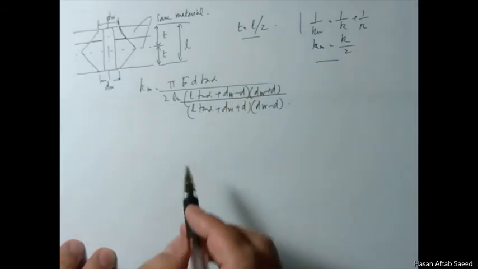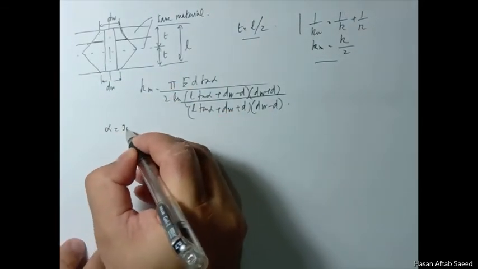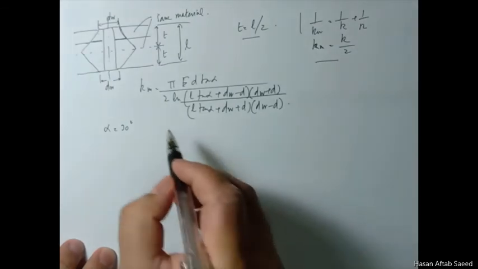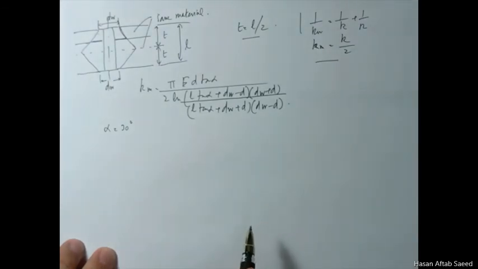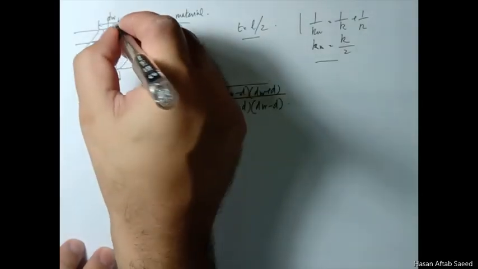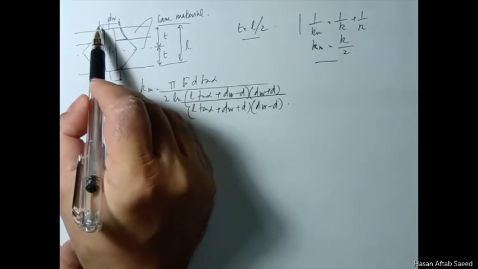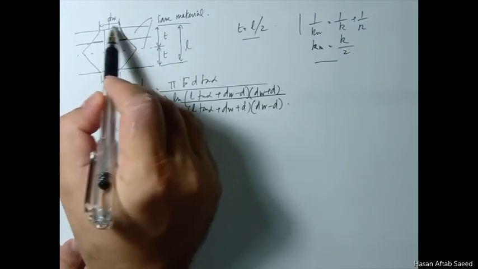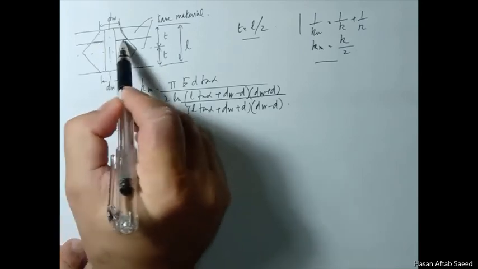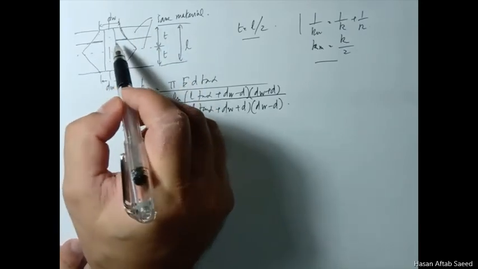Now, like earlier, alpha is 30 degrees, in this general expression. If we use alpha of 30 degrees, and we also know dW, because now there's nothing but dW here. In the original expression there was D, and D had a value of 1.5 times d, but there it was something else, so we couldn't replace it in that expression.